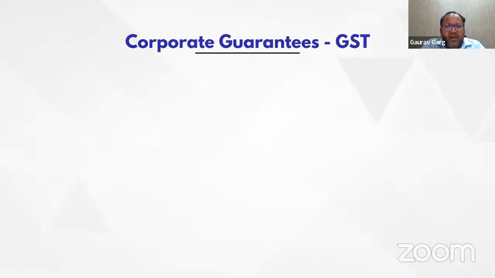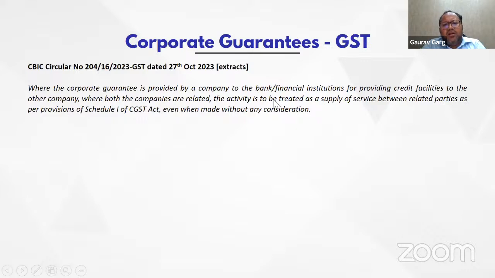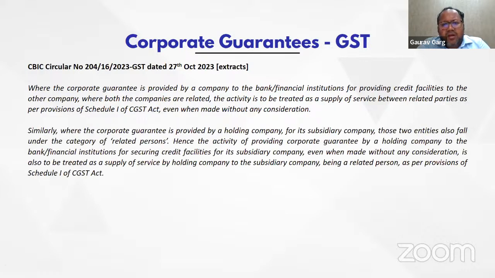Now, this is a brief background. Now, what has happened in GST? In GST, we have a circular which says that corporate guarantees provided by a company to the bank or financial institutions for providing credit facilities to another company, where both the companies are related, are activities to be treated as a supply of services between related parties as per the provisions of Schedule 1 of the CGST Act.